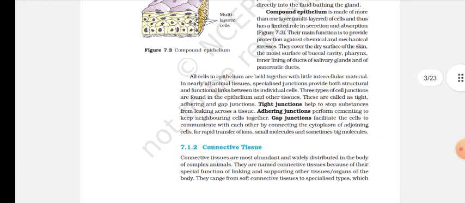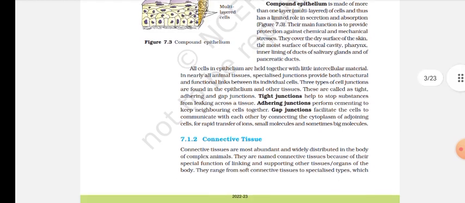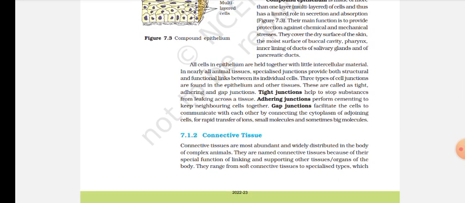All cells in epithelium are held together with little intercellular material. In nearly all animal tissue, a specialized junction provides both structural and functional links between its individual cells. There are three types of cell junctions found in the epithelium and other tissues. These are called tight, adhering, and gap junctions.